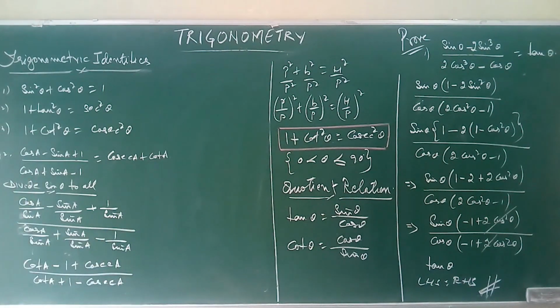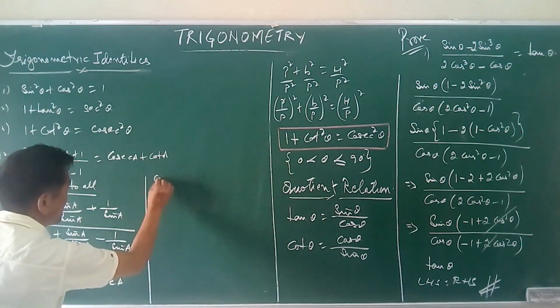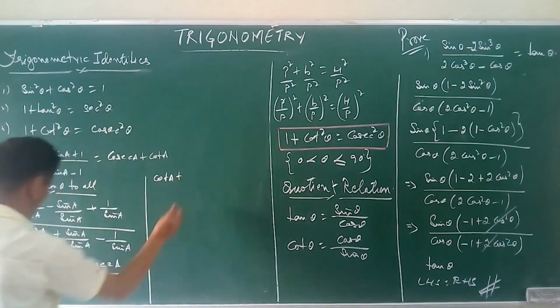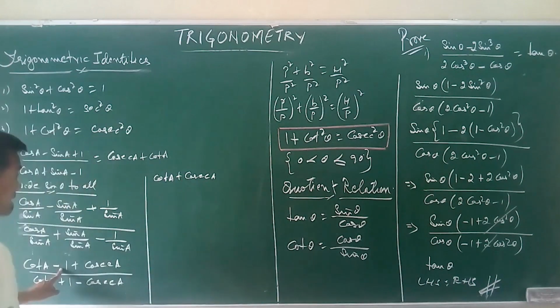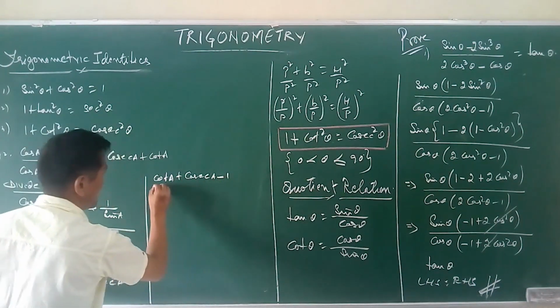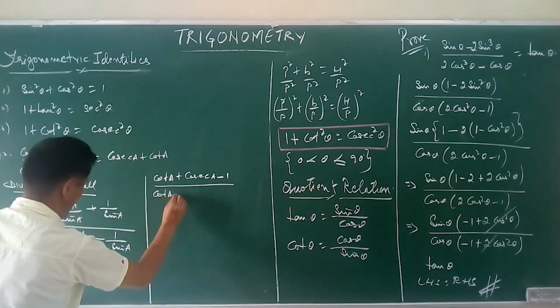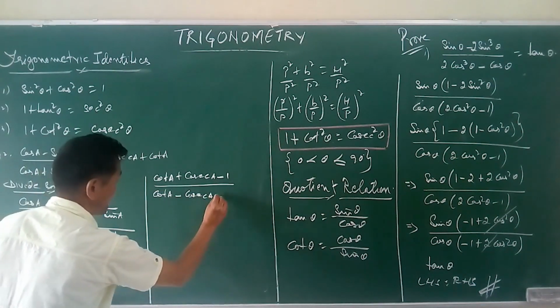Alright, now what I'm going to do is rearrange the numerator: cot of A plus cosec of A minus 1, and write the denominator the same as here, cot of A minus cosec of A plus 1.